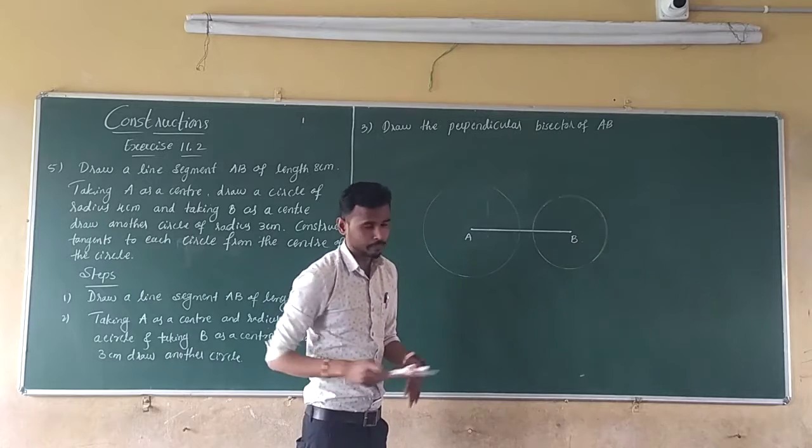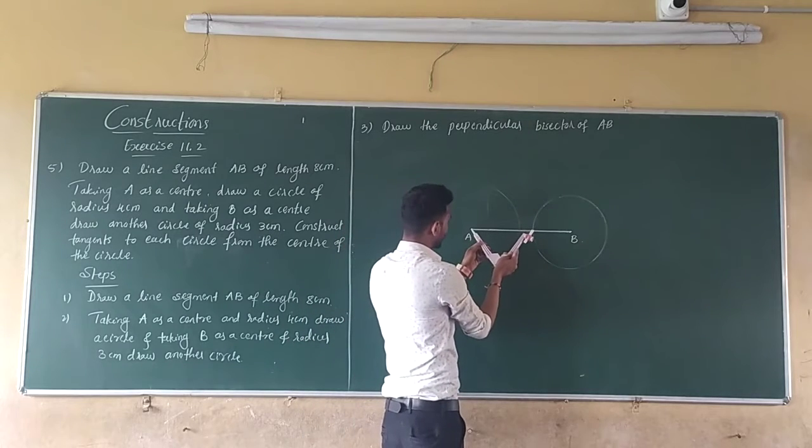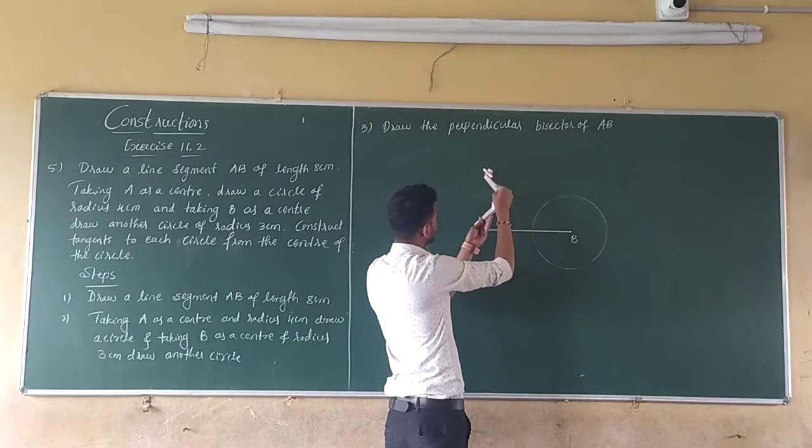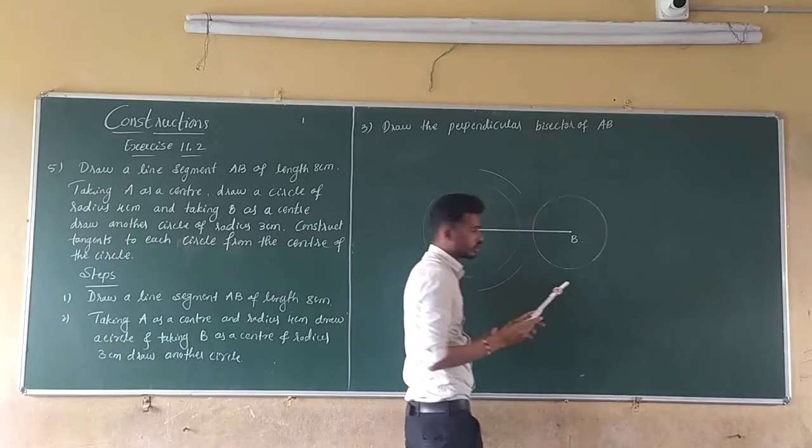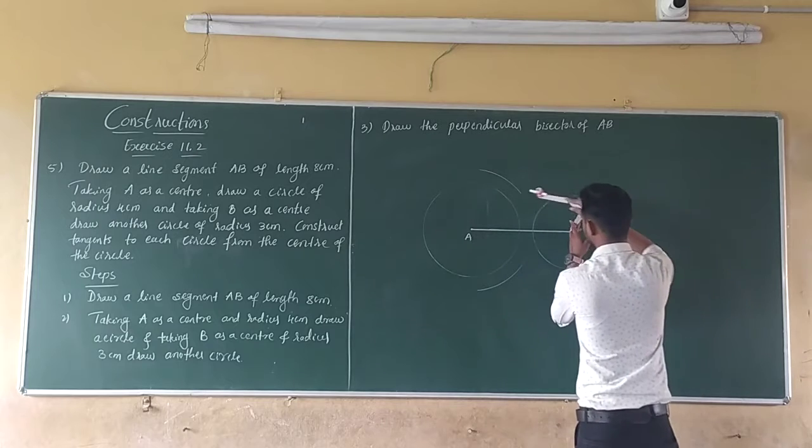So find the perpendicular bisector of AB, take more than half of this line segment, draw the arcs on the upside and the downside.